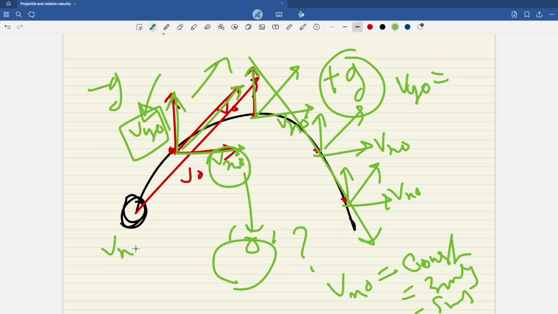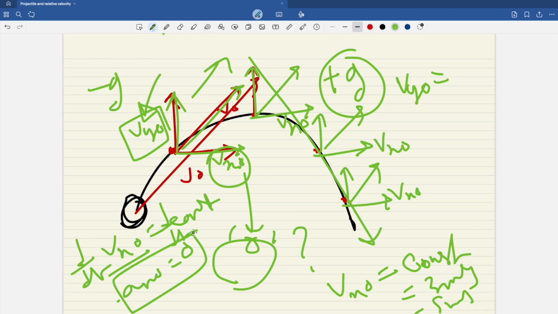When we differentiate this velocity with respect to time, we get ax equals 0. So that's why we don't consider Vx naught to be some value, it's considered to be null. That's why Vx naught is considered to be null and Vy naught is not.